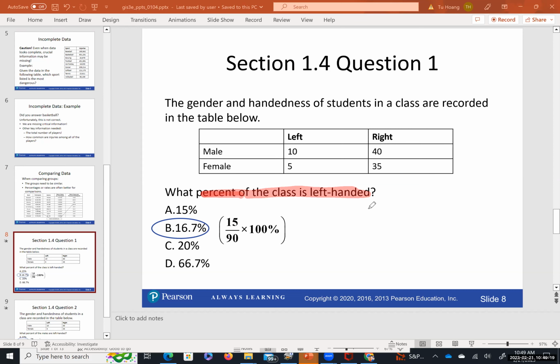So you will look at the table and try to figure out how many left-handed people there are, and divide by the total, and then multiply by 100%.